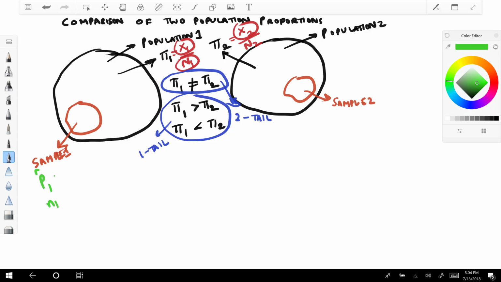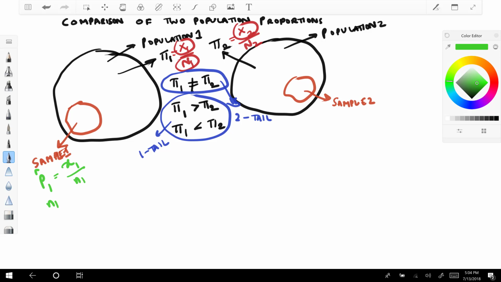So here the proportion is represented by small x1 divided by n1. Again, small x1 is the number of observations having certain characteristics, and n1 is the sample size.